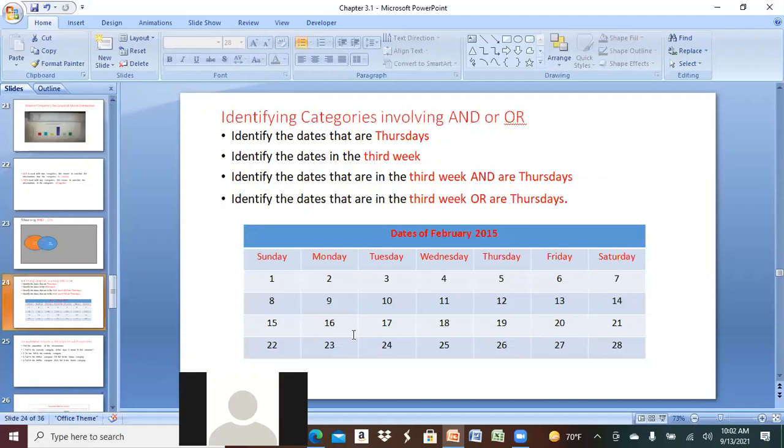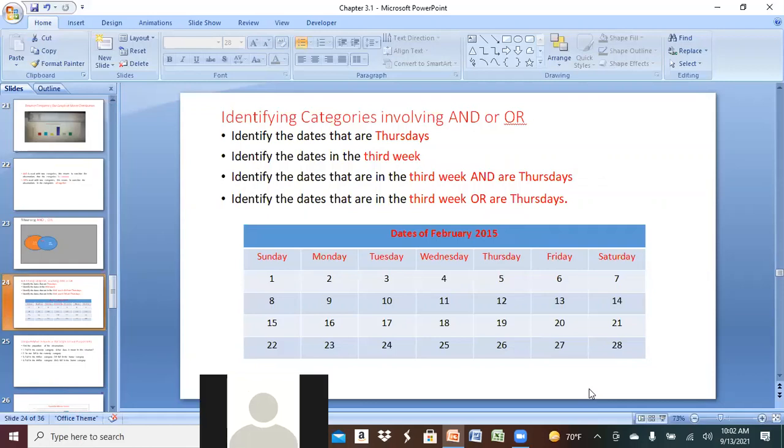You look at this table and identify the day. That's Thursday. Identify the day Thursday.